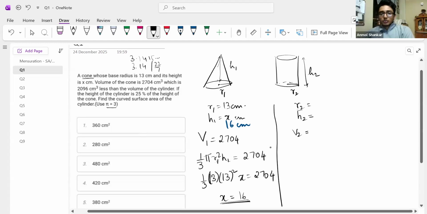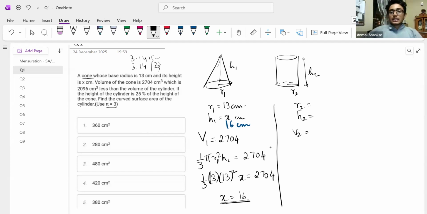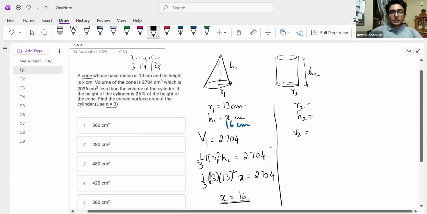Do we know R2, do we know H2 and V2? So they have not said anything about the radius, so R2 is not known. Do we know H2, the height of the cylinder?